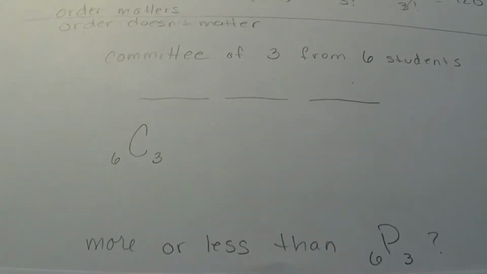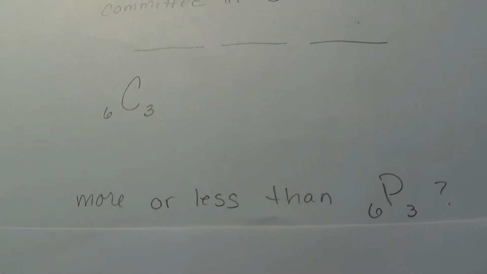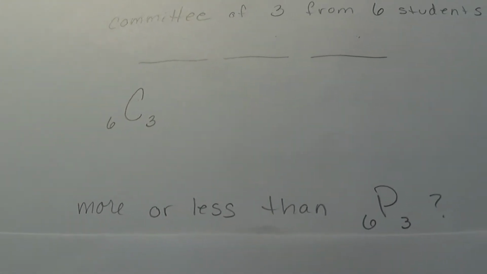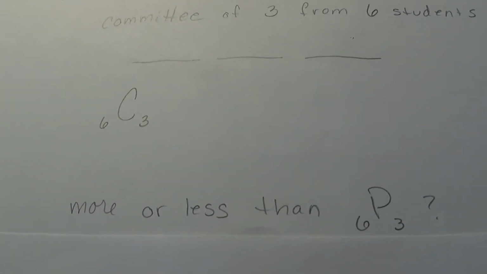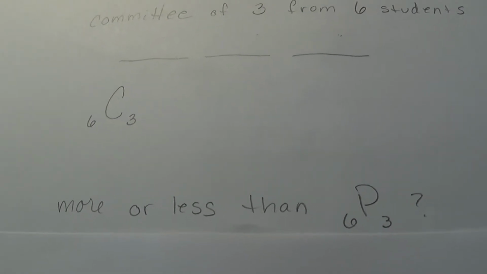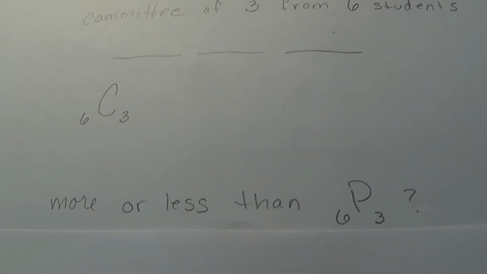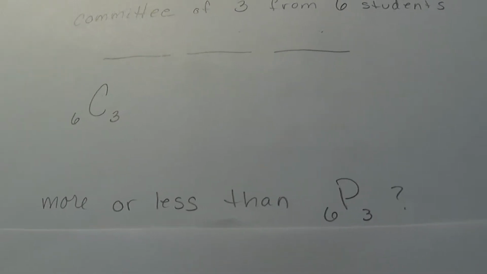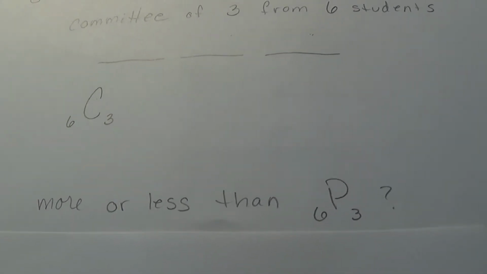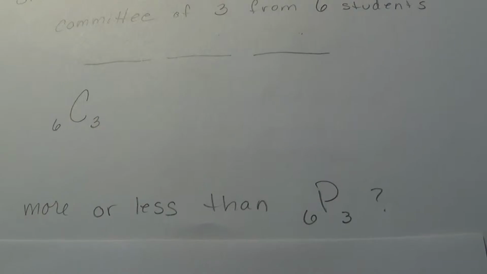So when I talk about that, do you expect the number of committees or combinations of 6 objects taken 3 at a time, where order doesn't matter, to be more or less than the number of permutations of 6 objects taken 3 at a time, where order does count?